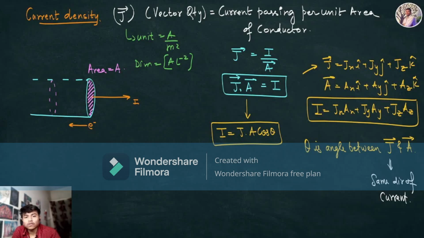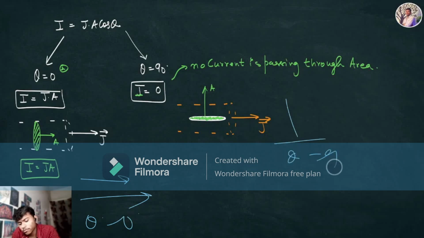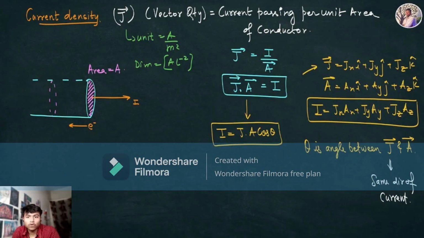J dot A will be I, the dot product, so I equals J A cos theta, where theta is the angle between the vectors J and A. If they are parallel, theta is 0, and if they are perpendicular, theta is 90.